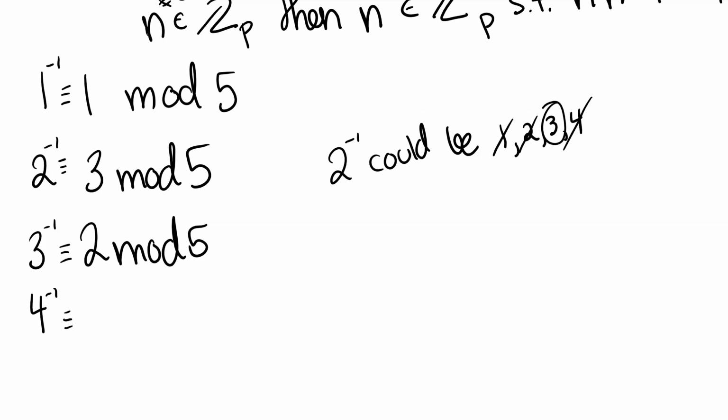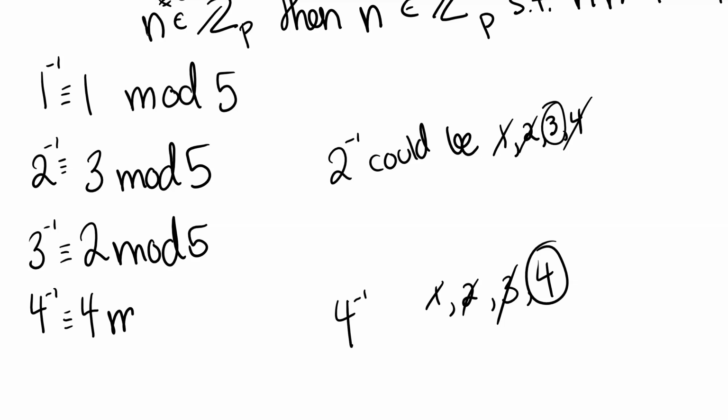Well, it's going to look like it's going to be 4, because that's all we have left. So 1, no. 2, no. 3, okay, we have 12, that would be 2 mod 5, no. Ooh, yeah, because 16 is 1 mod 5. Awesome.